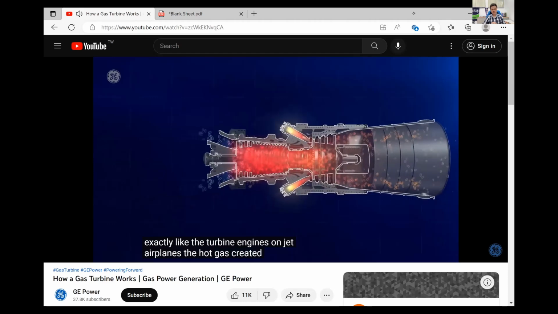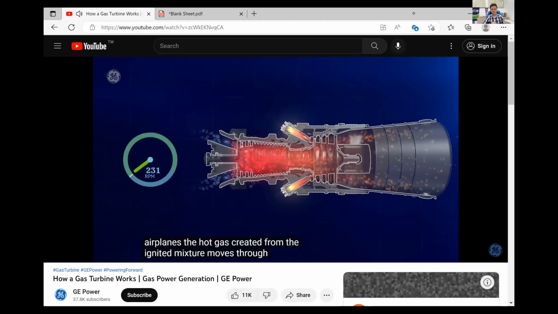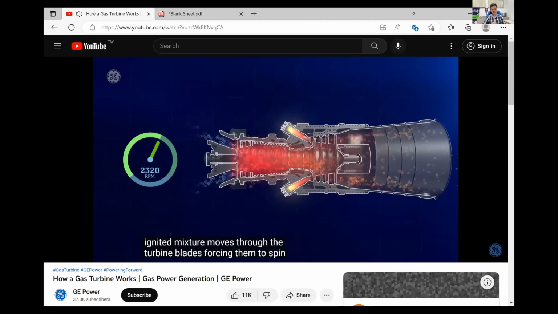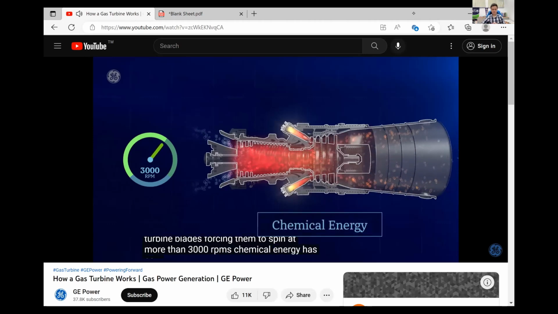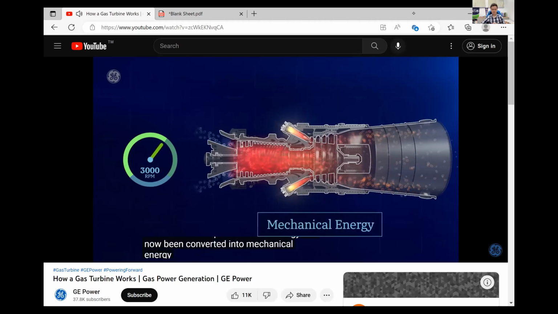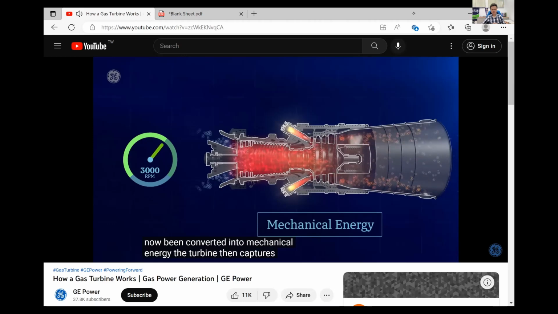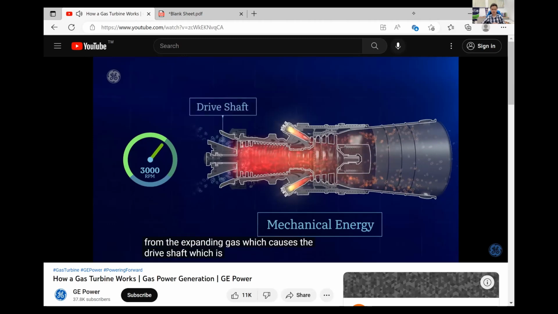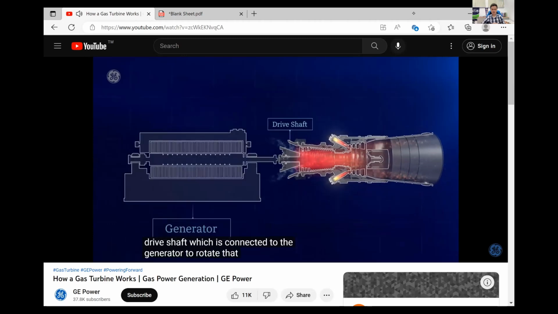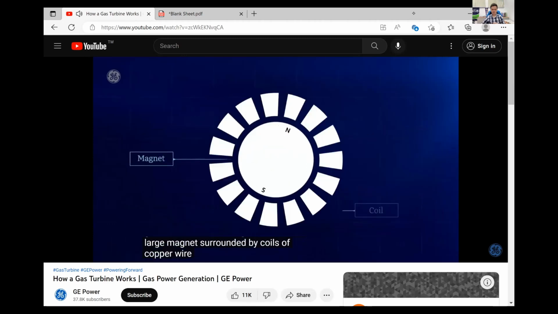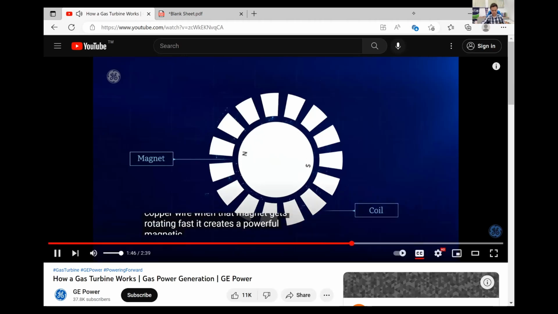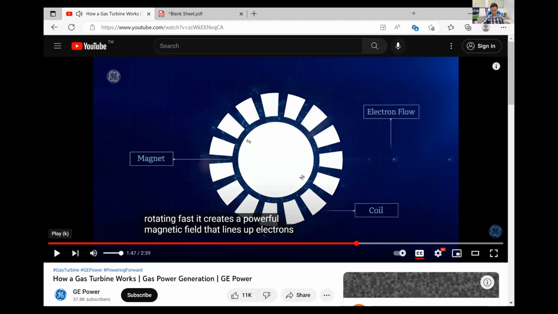The hot gas created from the ignited mixture moves through the turbine blades, forcing them to spin at more than 3,000 RPMs. Chemical energy has now been converted into mechanical energy. The turbine then captures energy from the expansion gas, process, which causes the drive shaft, which is connected to the generator, to rotate. That generator has a large magnet surrounded by coils of copper wire. When that magnet gets rotating fast, It creates a powerful magnetic field that lines up electrons.